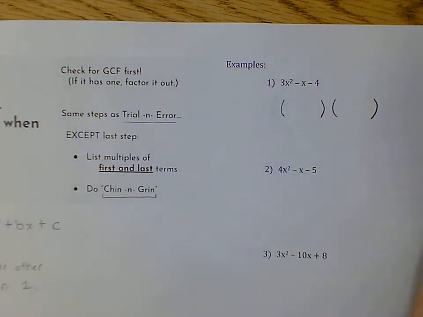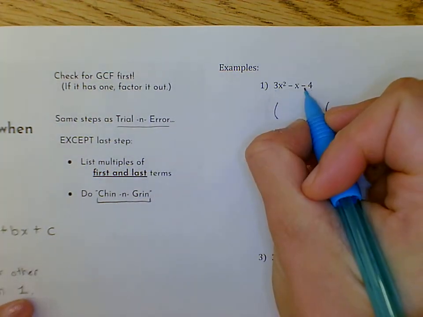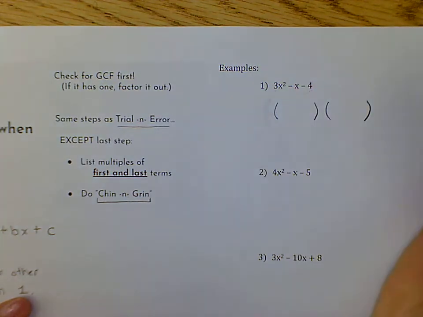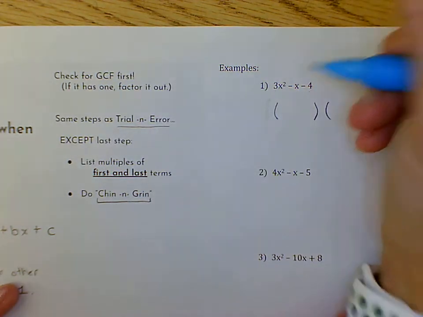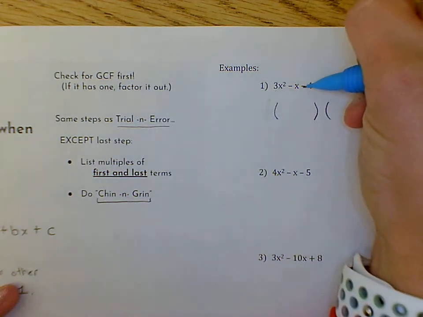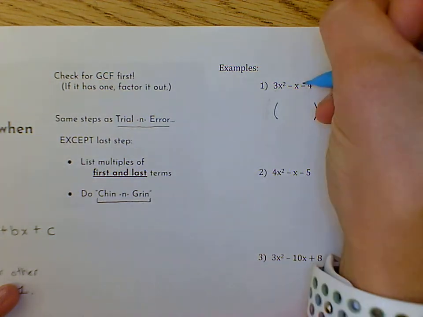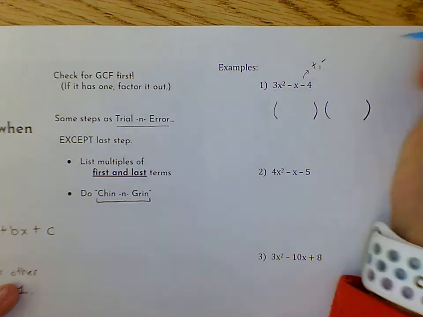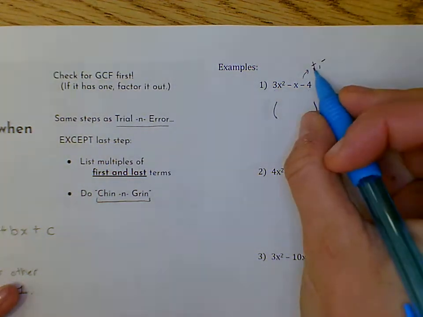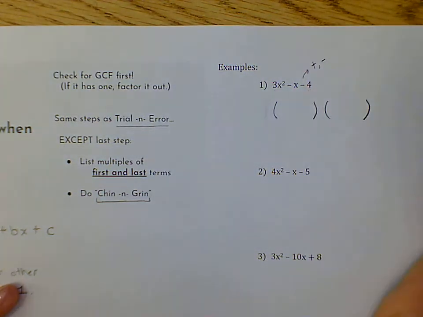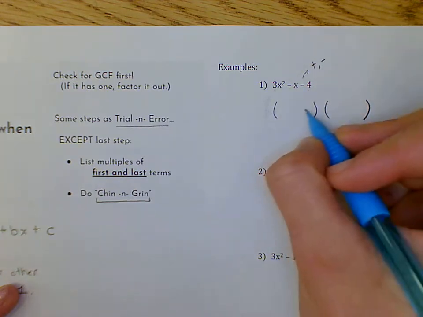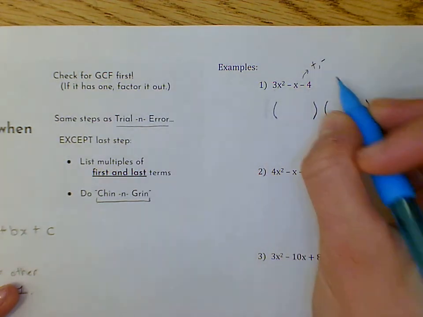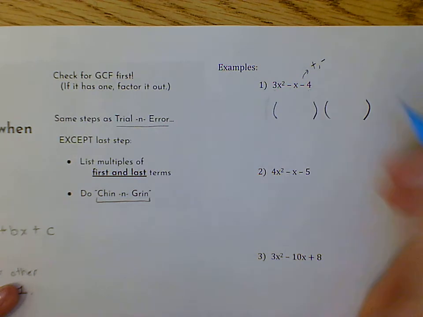If you'd rather do it at the end, you're still going to look at the signs. So like in the last video, the signs will work the same. So you start by looking at the last sign. And so if it's a negative, remember, that automatically means that my signs are going to be different. So in this one, we already know that one sign in these parentheses, one or the other, is going to be a plus, and then the other one's going to be a minus, okay?